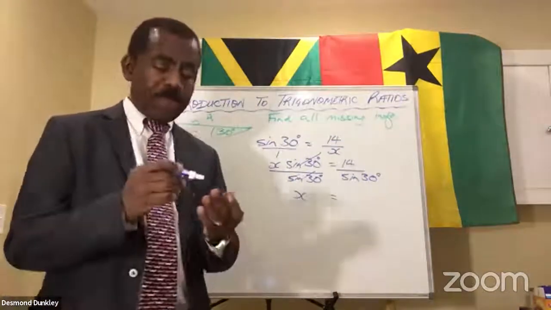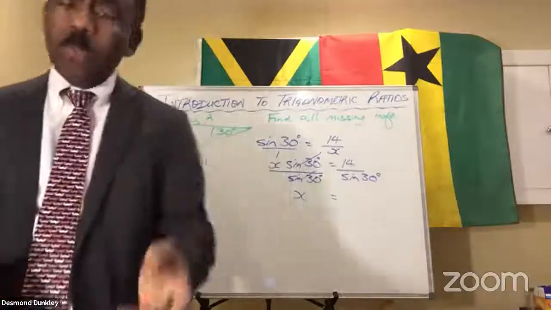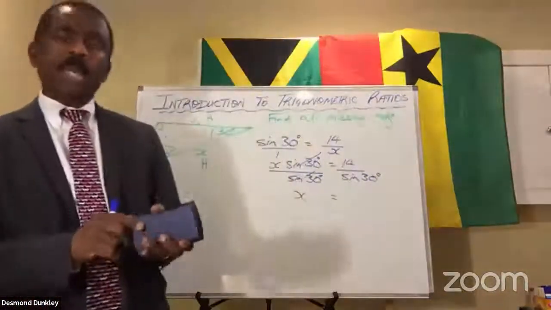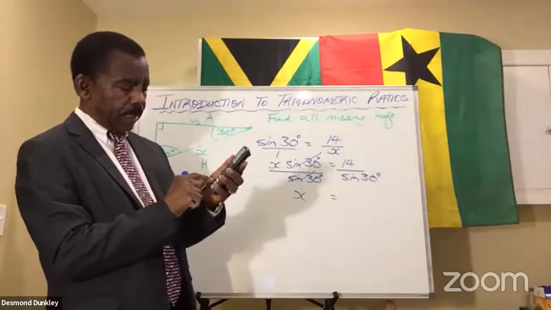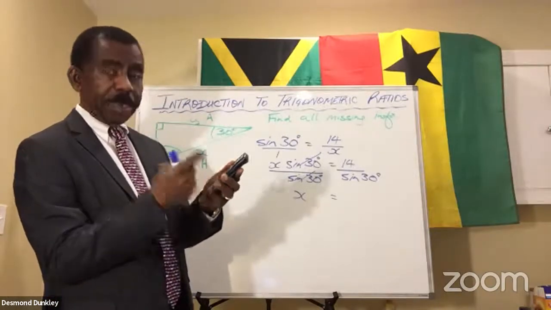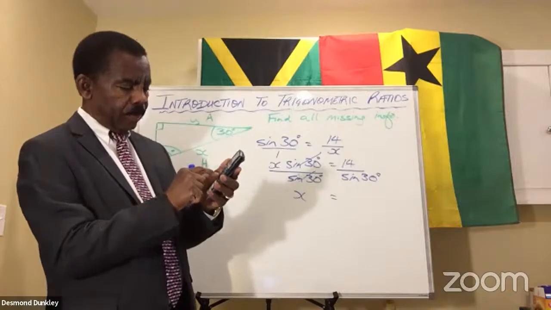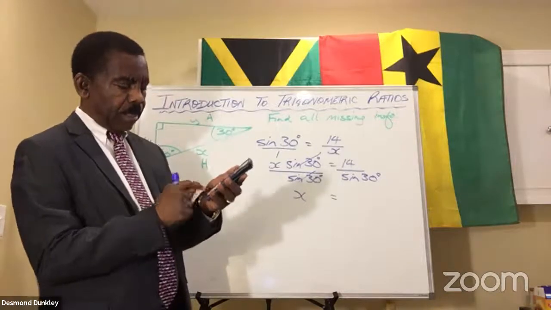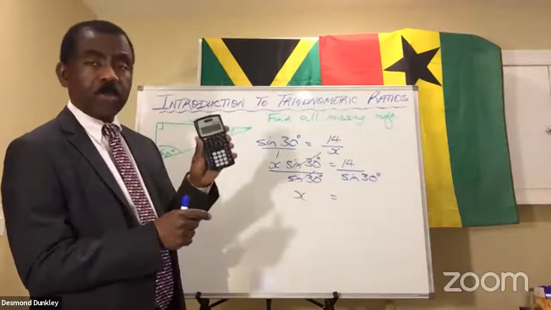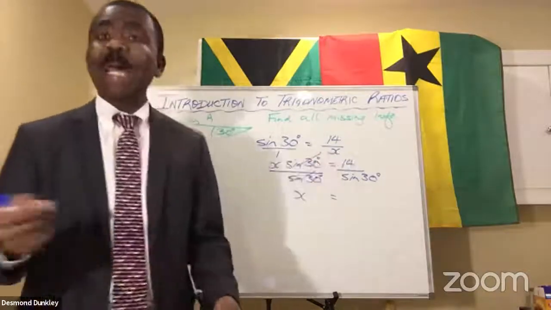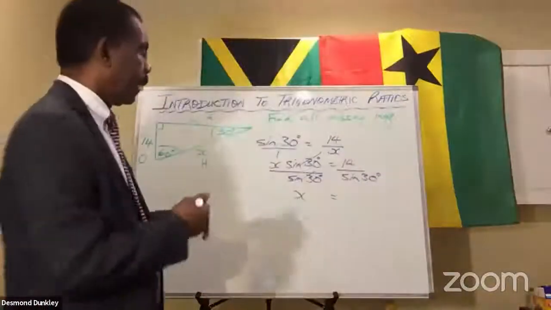I know that sine 30 is a half, but you wouldn't know that. So you take your calculator, you clear, you type in 14, press divided by, and then sine of 30, and you should get 28. Press equal, and the answer is 28, because 14 divided by a half is 28.